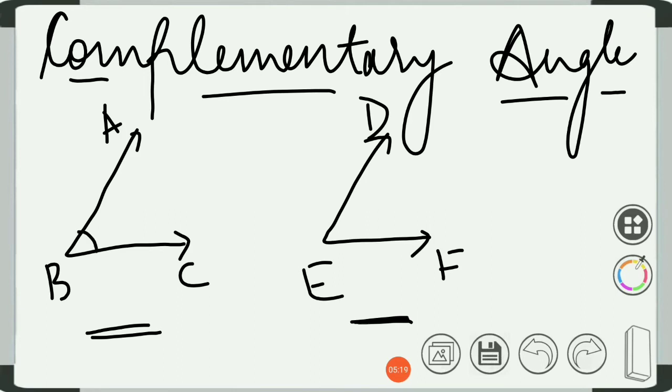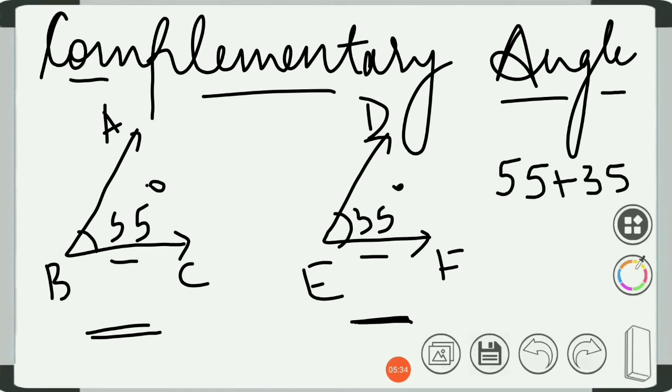Imagine the value of this angle is 55 degree and this angle is 35 degree. Then 55 plus 35 is 90. It means both the angles are complementary angles.